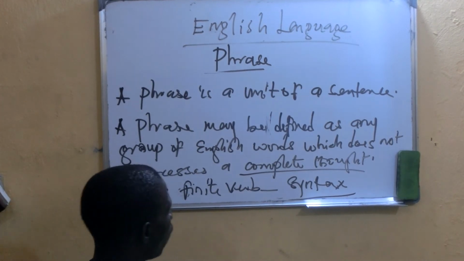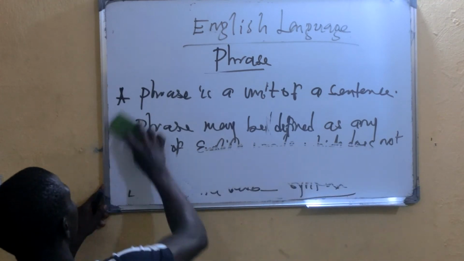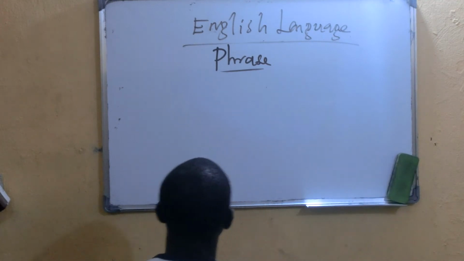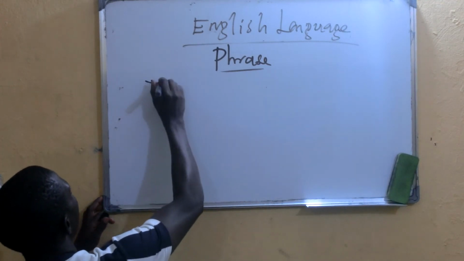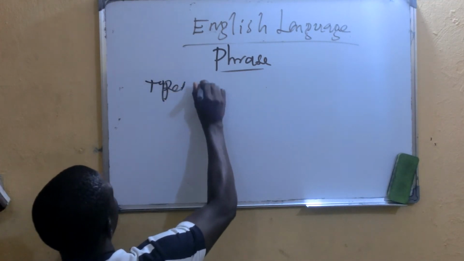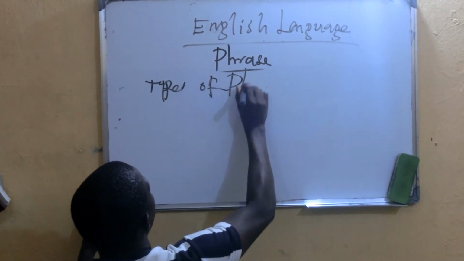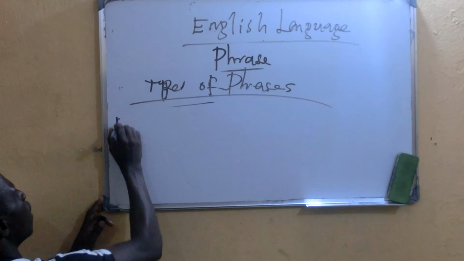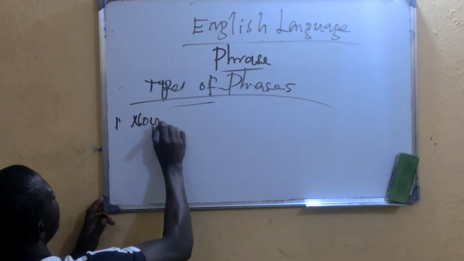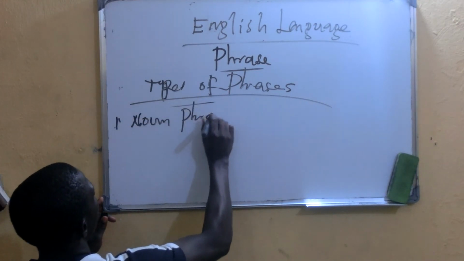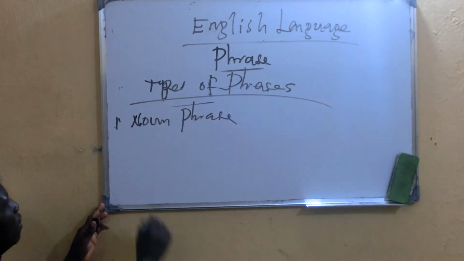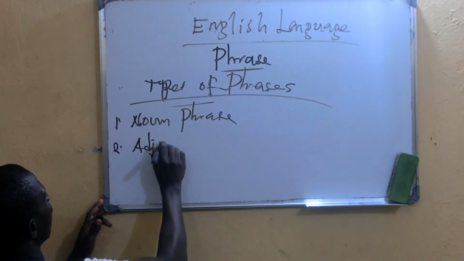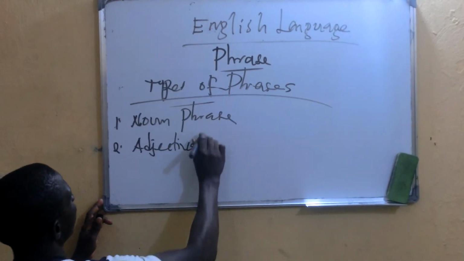Now, on top of phrase, we also have types of phrases. One, we have what we call noun phrase. Then two, we have what we call adjectival phrase.